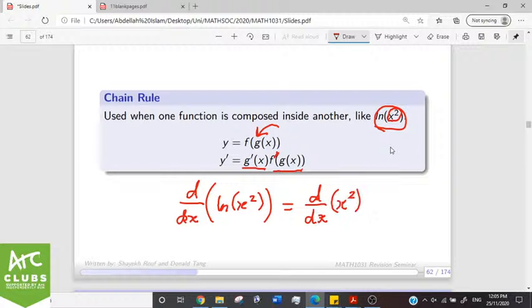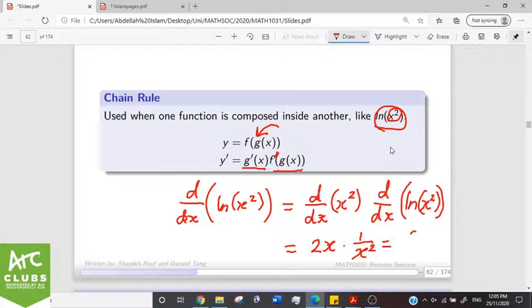We multiply it by the derivative of ln of x squared, but we ignore the fact that the x squared is there now, so the derivative of the outside is 1 on x squared. The result is 2 on x.